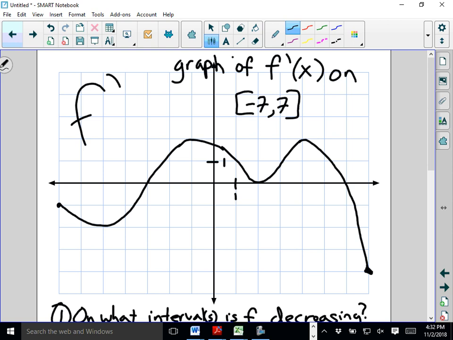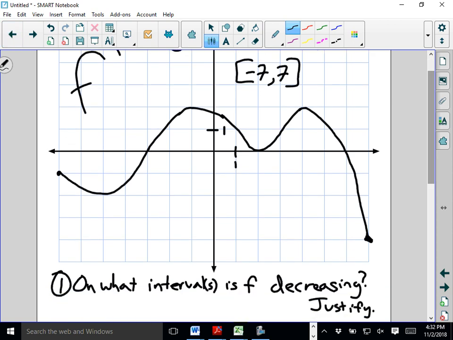The first question says, on what intervals is f decreasing, justified? Now, in our head, when we think about decreasing, we think, oh, the graph is going down. But notice it said on what intervals is f decreasing. So we don't want to look at the graph yet.